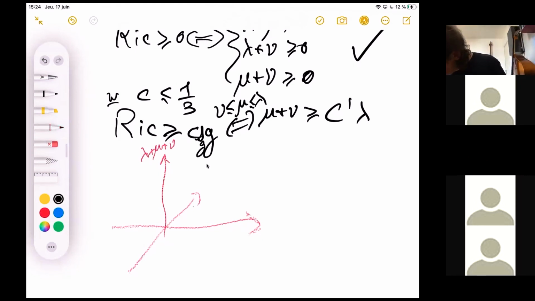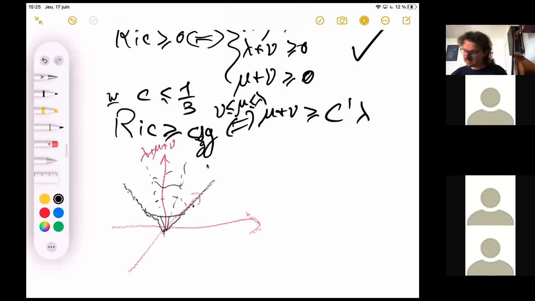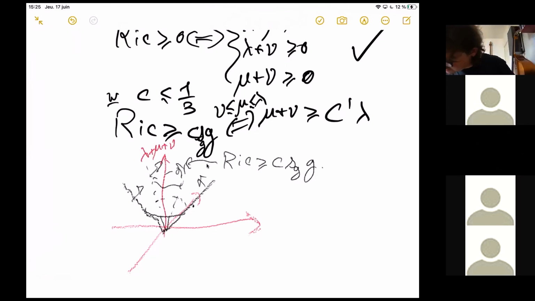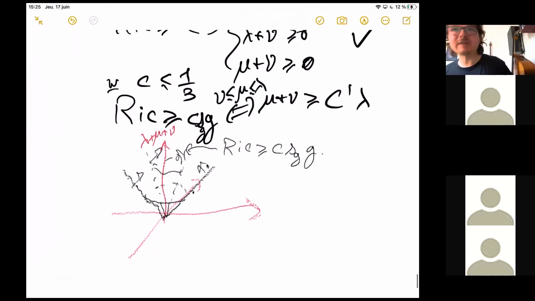So what we show here is that we have some kind of cones, and actually we have a one parameter family of cones which gets closer and closer to the axis, and my vector field Q is pointing inwards. So this would be like Ricci greater than C S_G times G, which is a convex cone inside this lambda mu nu space, and corresponds to something convex in the matrices too. Okay, but this is still not enough.